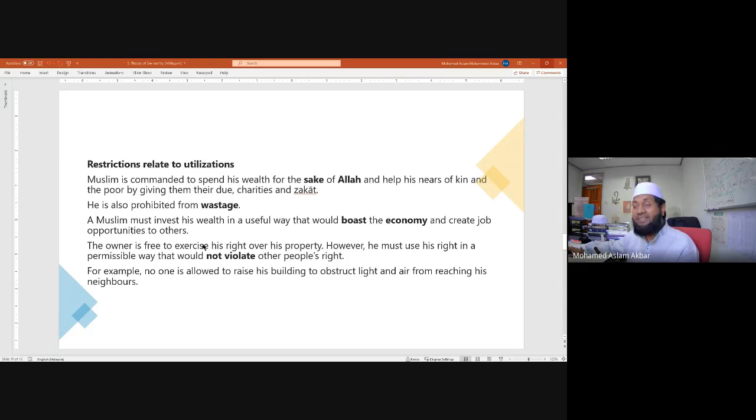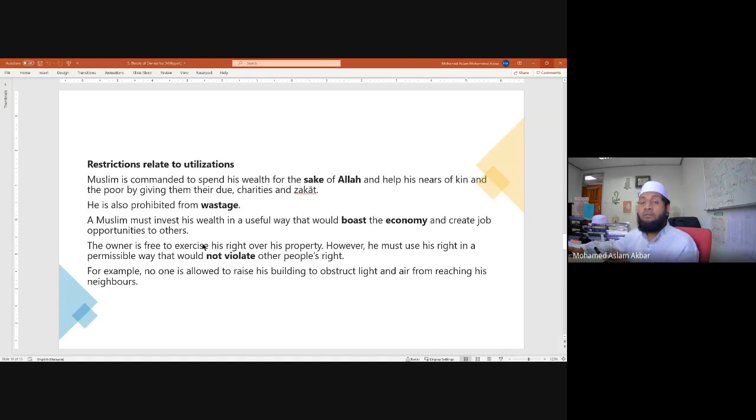It's a happy ending universe, but still as Muslims there are many restrictions we need to follow. Why? Because this is all for the well-being of the people. So we need to sacrifice ourselves for the maslaha, for the entire ummah.